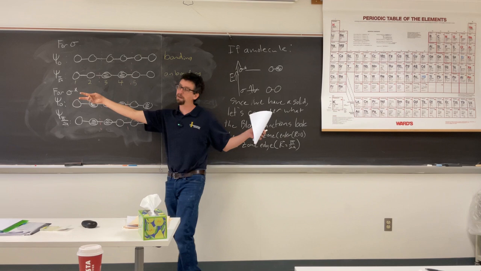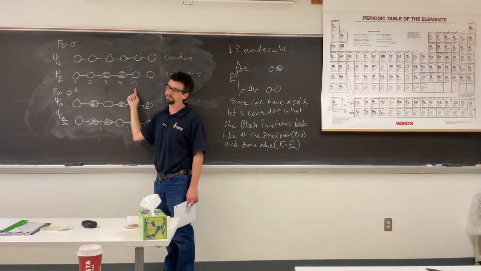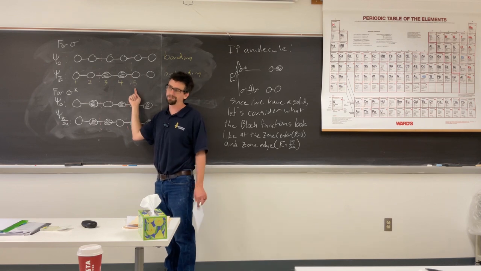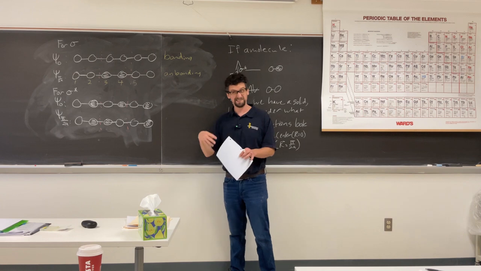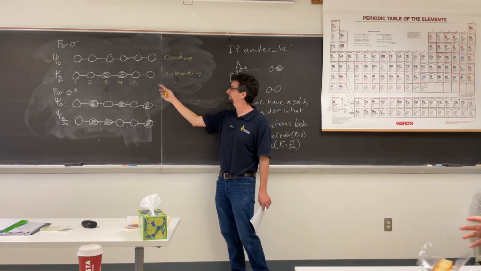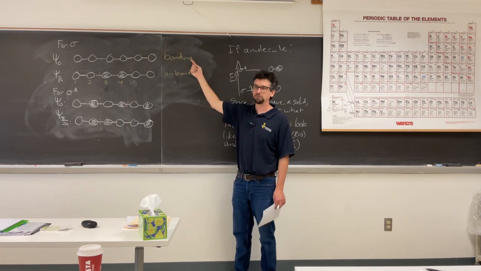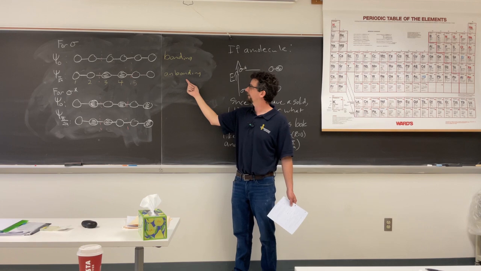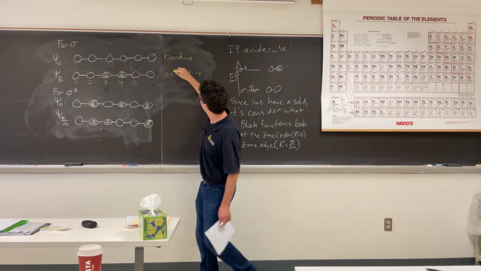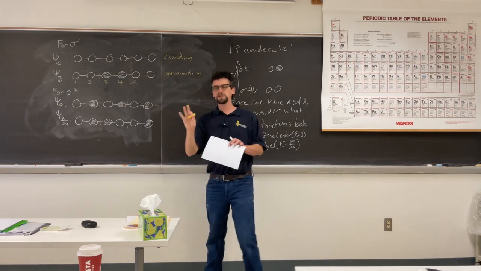Now, realistically, does 1 see much of 5, or does it have much overlap? No, it's pretty far away. But they still have bonding overlap between them. So now we're saying bonding between unit cells here, and bonding, anti-bonding between unit cells.